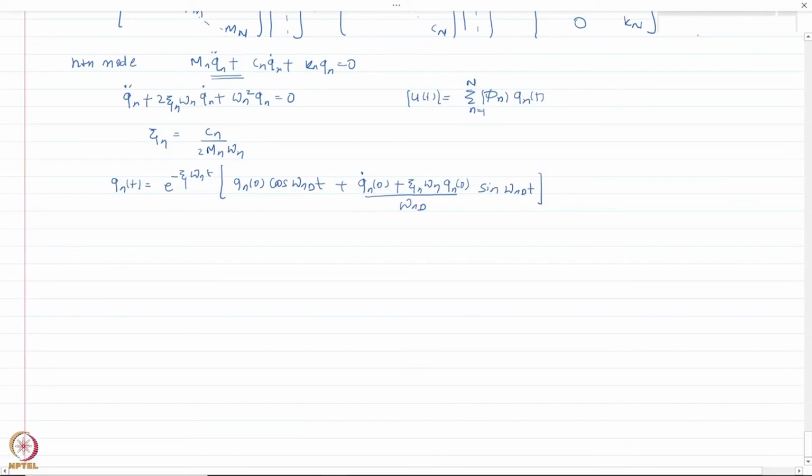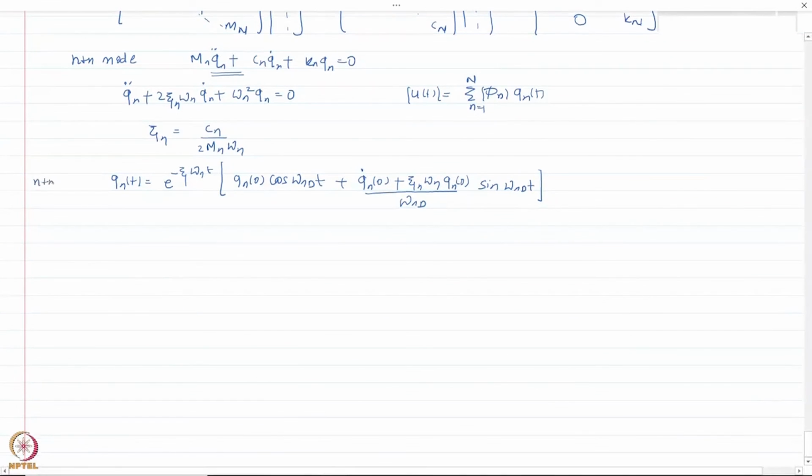This is similar to the expression that we had obtained for the damped response of a single degree of freedom system. Only now we are considering everything for a particular mode. So this is the response for the nth mode. And we have defined the damped frequency for the nth mode as omega n d equal to omega n times the square root of 1 minus zeta n square.